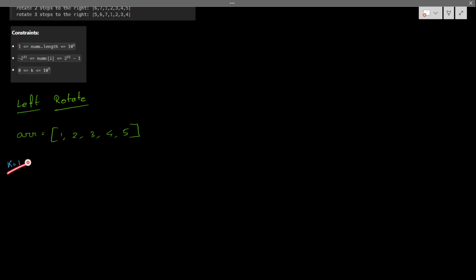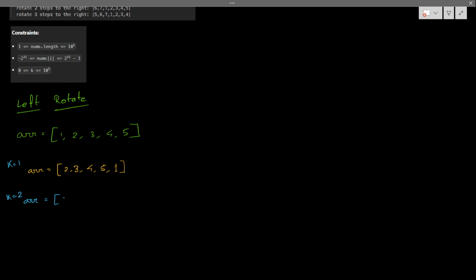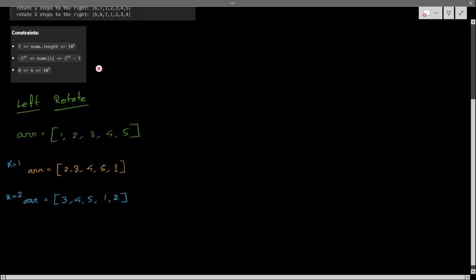So if I do k equals 1, the new array will be 2, 3, 4, 5, and 1 enters at the end. Again, if k equals 2, it becomes 3, 4, 5, 1.